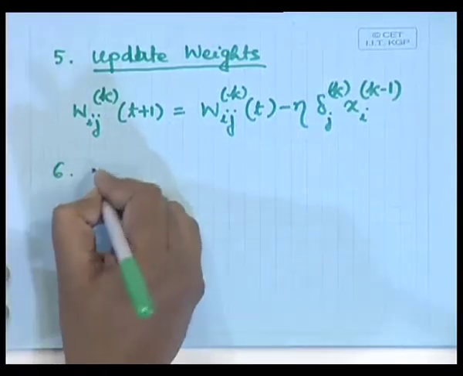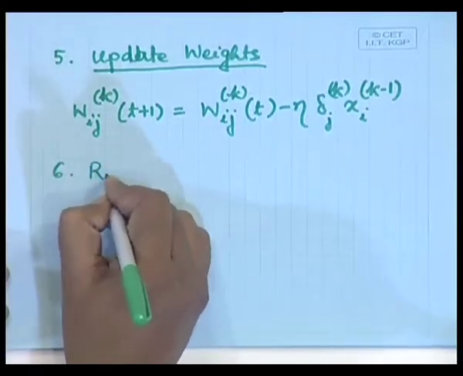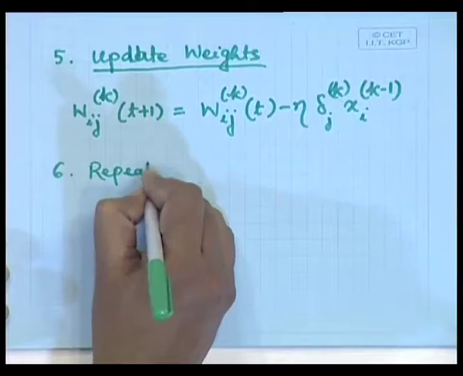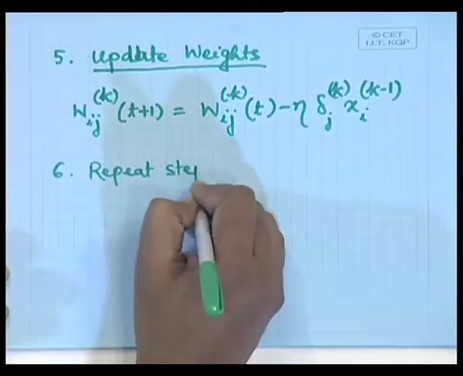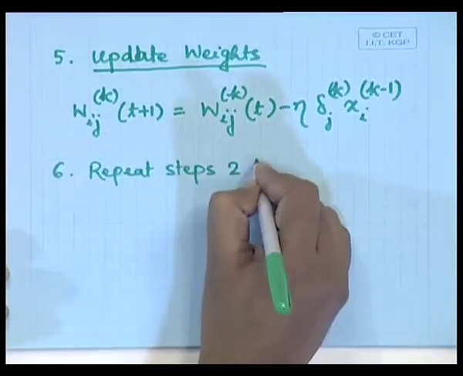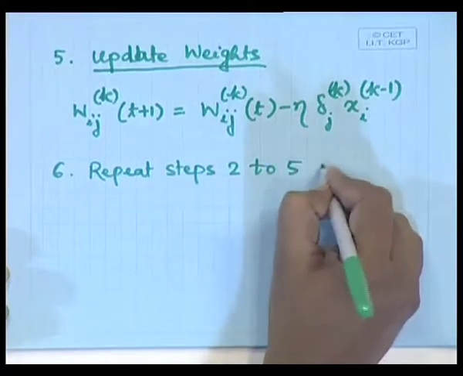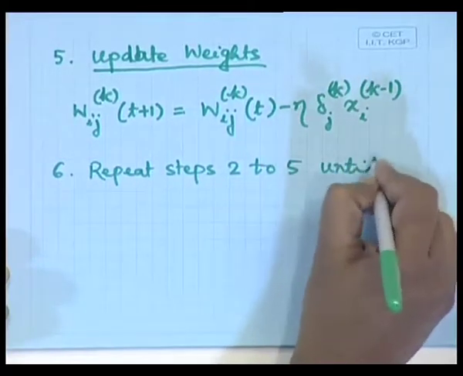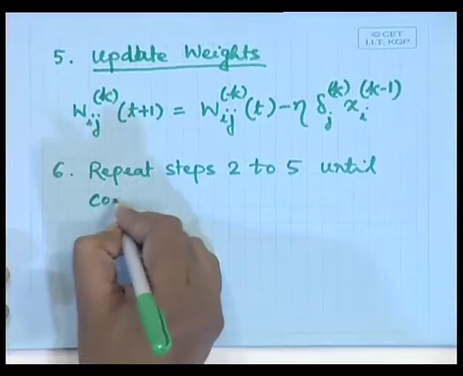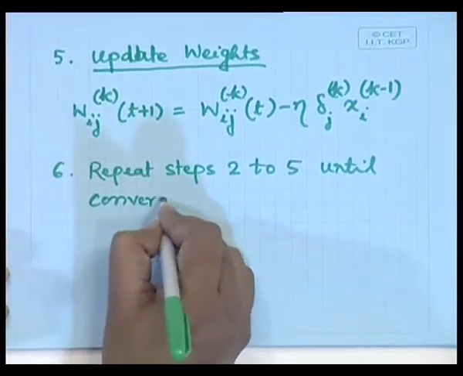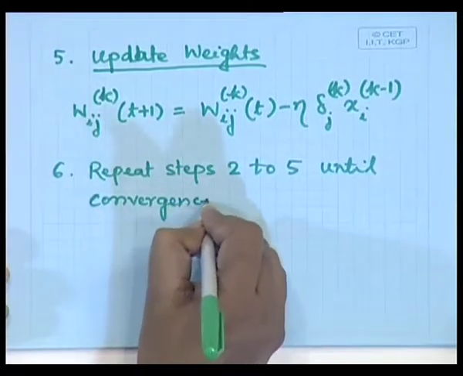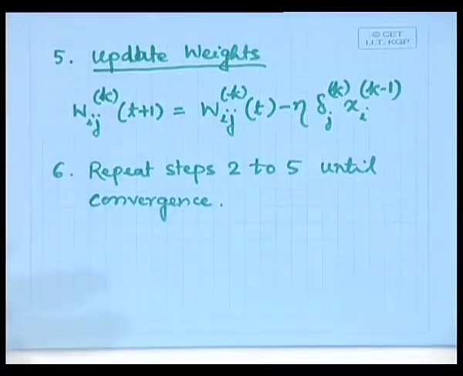So, sixth will be repeat steps 2 to 5 until convergence. Okay. So, what is our condition for convergence?